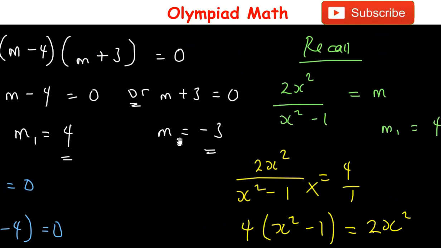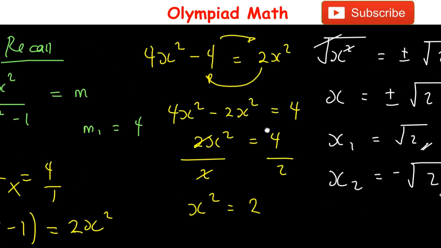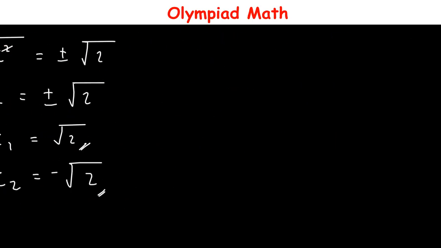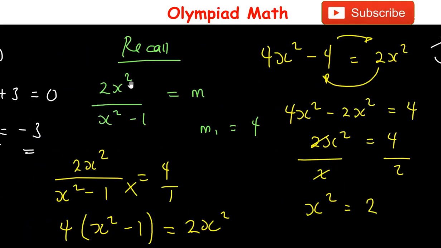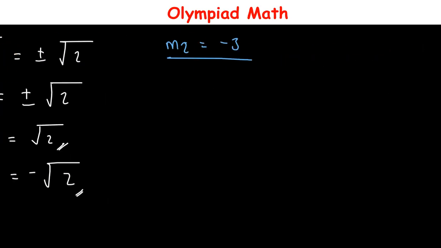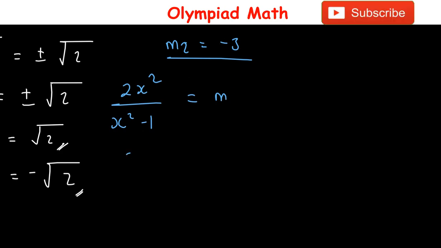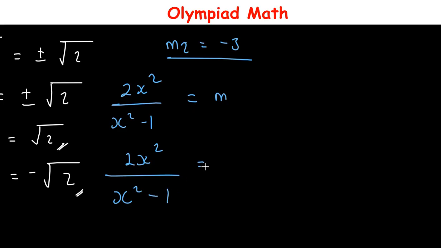Now, for the value of m2 equal to minus 3, to then solve for x, recall that 2x squared over x squared minus 1 equals m. So m is minus 3, and this becomes 2x squared over x squared minus 1 equals minus 3 over 1.